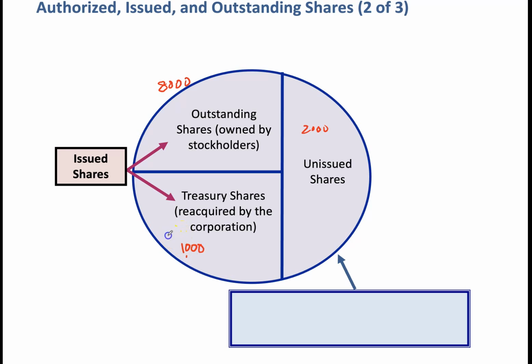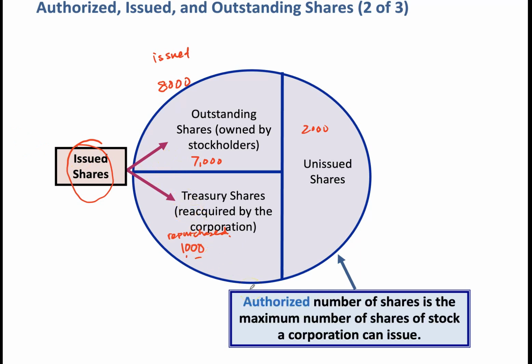If the company repurchases 1,000, outstanding shares will become 7,000 because now 1,000 goes to treasury stock. So outstanding plus the 1,000 treasury stock equals the issued stocks. So issued stocks can have basically two statuses. It's either outstanding or it's repurchased.